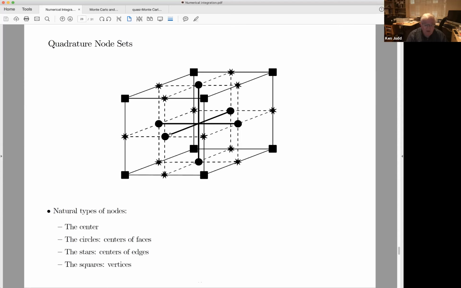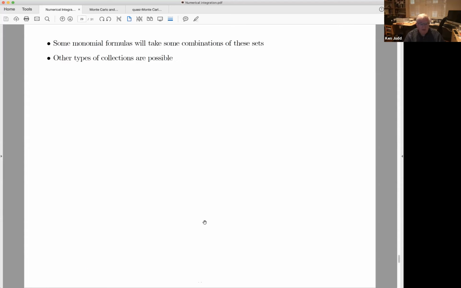Or we want to maybe have an integration formula that uses 0, 0, and then the midpoints of these edges, or some combination. And so those are some of the ideas of how you choose sets of points.